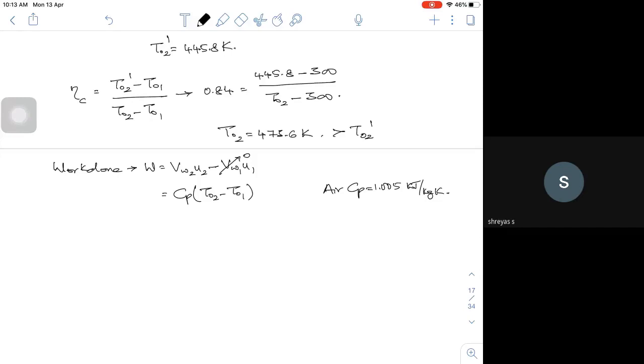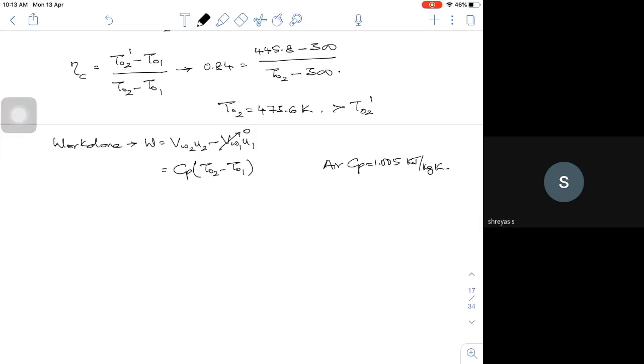Now let's substitute and calculate W from the second equation. 1.005 into 10 to the power of 3, or you can substitute directly so that I get the result in kilojoules. Just now we calculated T02, which is 473.6, minus T01, which is 300. I end up with a W value equal to 174.46 kilojoules per kg.